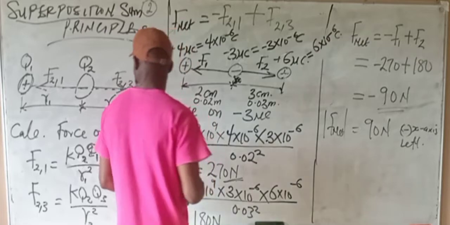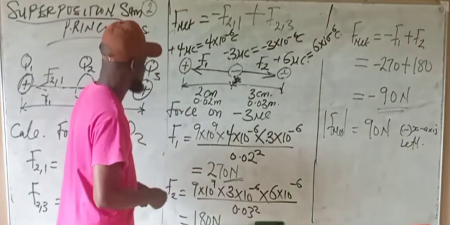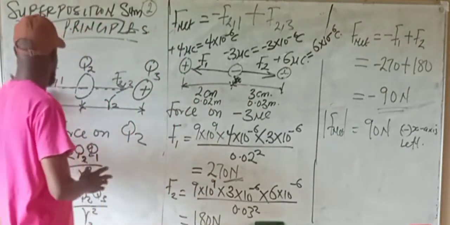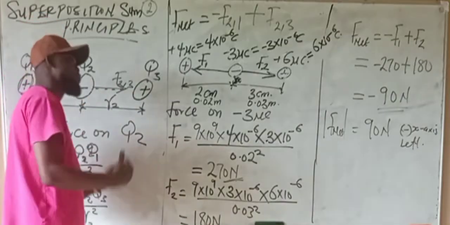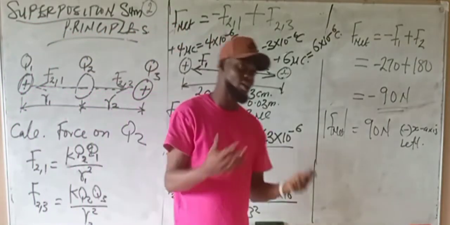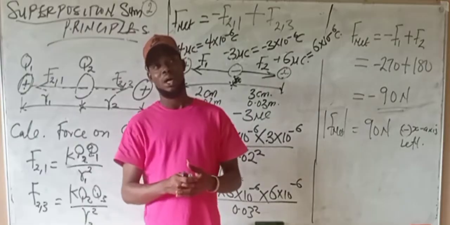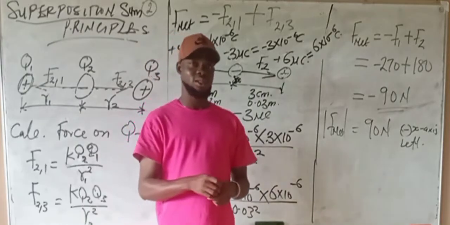So there's another question I would like us to look at now, question 2. In case the charges are not linear and are arranged in the form of, let's say, a triangle, how are we to obtain the force?